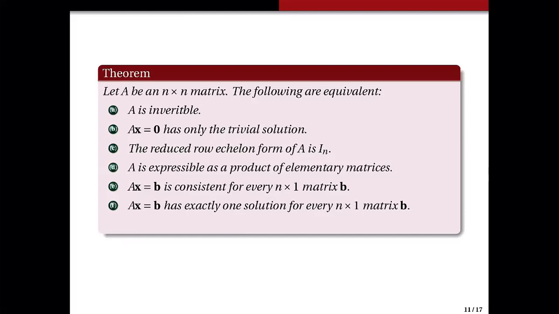Remember that if you have a matrix A, which is n by n, then A is invertible if and only if the determinant of A is not equal to 0. So this statement is equivalent to statement A, and therefore they are all equivalent. All of them should be true or all of them should be false. No one is left behind.